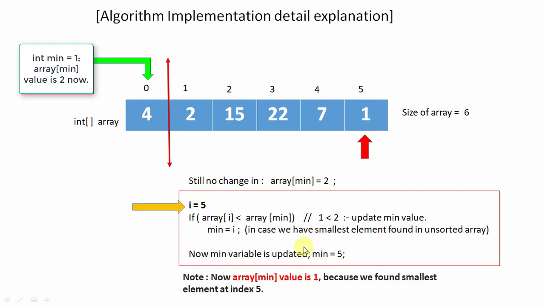Okay, now array[min] value is 1 because min is updated, and the 5th index is stored in the min variable because we found the smallest element at the 5th index. Okay, now the swapping will occur. Now I will show you the next slide.